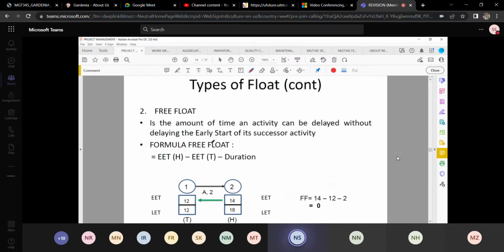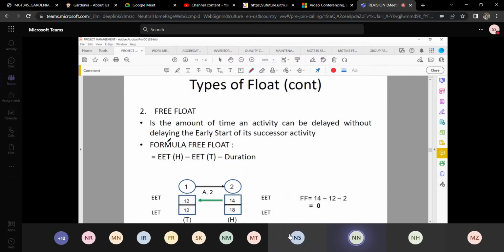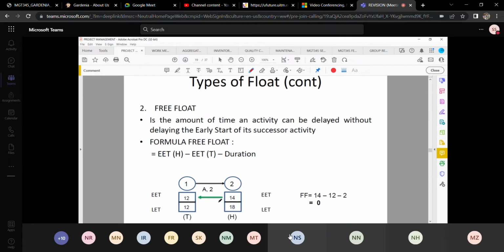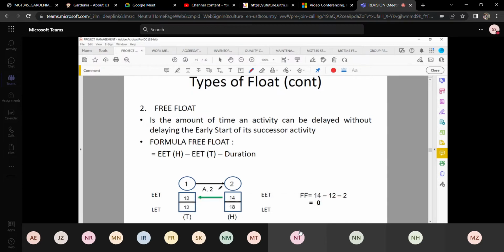The free float, okay, the formula, from right to left, okay, over here, minus the duration.